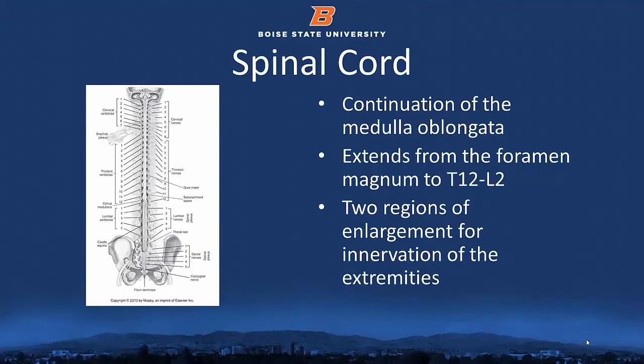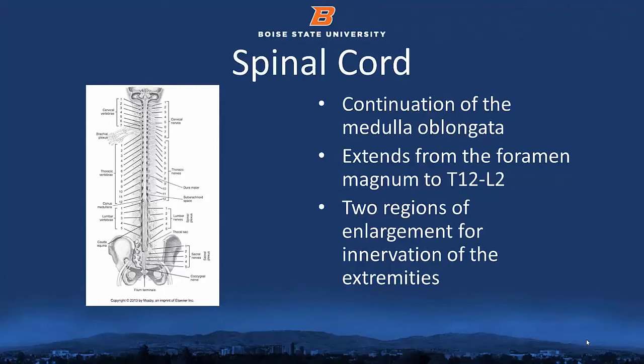The spinal cord is a continuation, as we've talked before, of your medulla oblongata as it comes through the foramen magnum, and it will continue down through your spinal canal that is developed by your vertebral structures. It continues as a single unit down until about the T12, L1-2 area, where it becomes a cone-shaped structure.